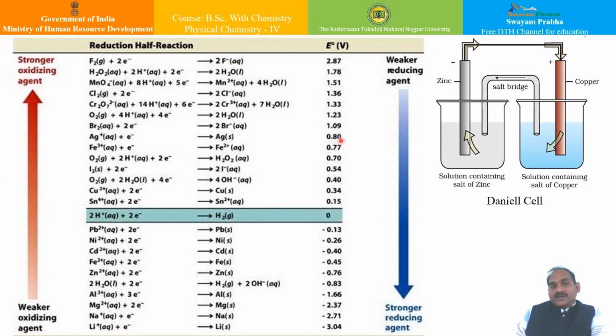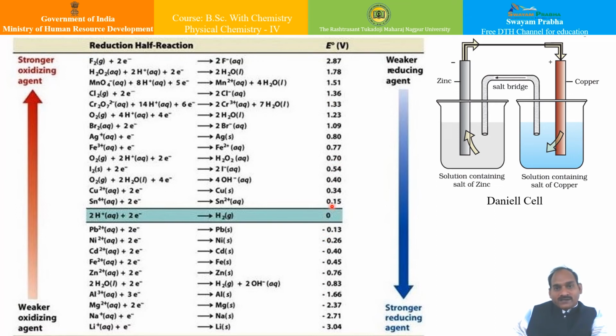Now the values of standard electrode potential for some standard half cell reduction reactions are represented in this particular table here. This is a very specific way of representing the reduction half cell reactions, because we can make various important conclusions from this. You can see here the standard hydrogen electrode. All the standard reduction potentials above it are positive and below it are negative.